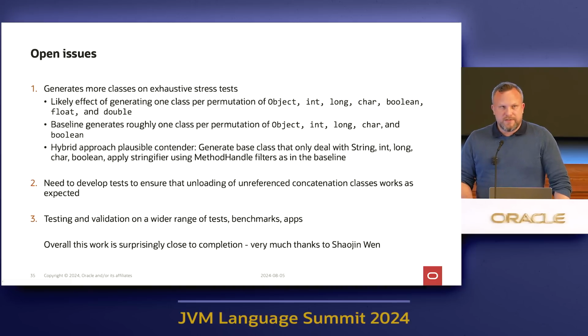Otherwise, the general open questions when it comes to a big PR: we need to develop tests to ensure that unloading of these unreferenced concatenation classes works as expected, and do thorough testing and validation on a wider range of tests, benchmarks, and applications. But overall, I think this work is surprisingly close to completion, very much thanks to Xiaoyin Wen at Alibaba, who's not here.